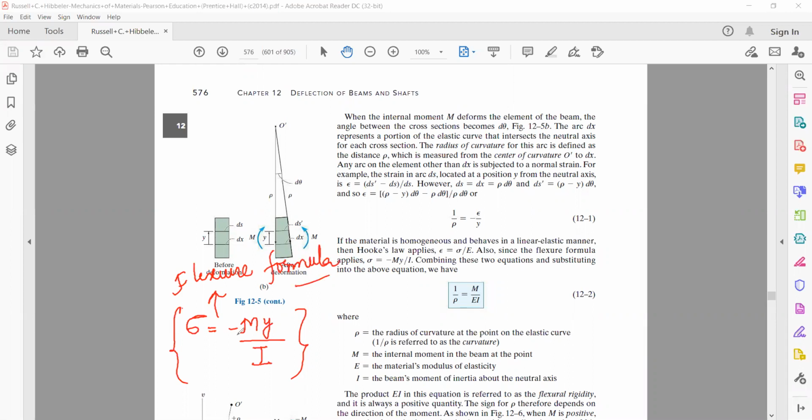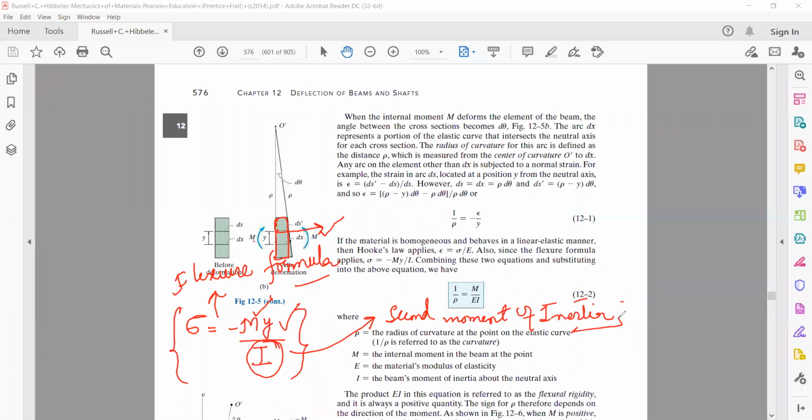Sigma is equal to minus My divided by I. That is, if we have a section of the beam along which we have bending moment M, then the normal stress along the x-axis produced in this very section is equal to minus My divided by I, where M is the bending moment across the section, y is the distance from the neutral axis, and I is the second moment of inertia.